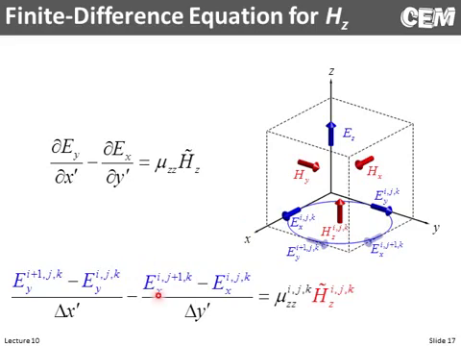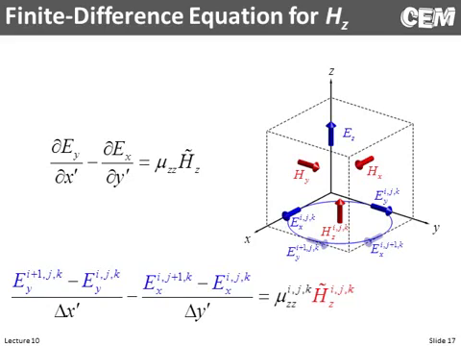E sub x in the next cell, minus e sub x in the same cell. And this is a central finite difference that exists at the midpoint, which is right here at h sub z. So our third equation, now in finite difference form, and we verified that every term exists at the same point.